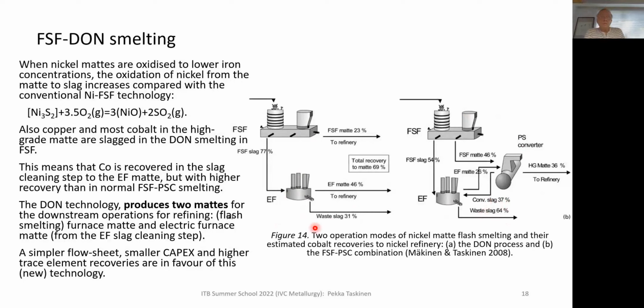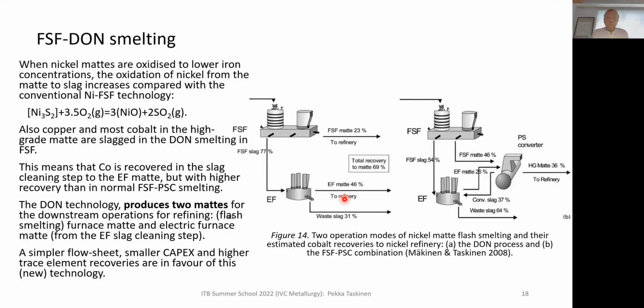So there are two mattes, as I said. First one going directly to the refinery, low iron, high nickel, high copper matte with some 20% of sulfur, and then this electric furnace matte, which typically contains 40% of iron, but it is leachable, it is granulated in tapping, and it is sent as such to the refinery.